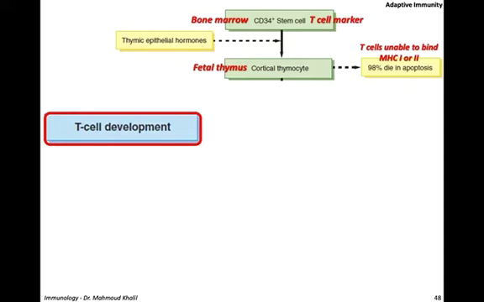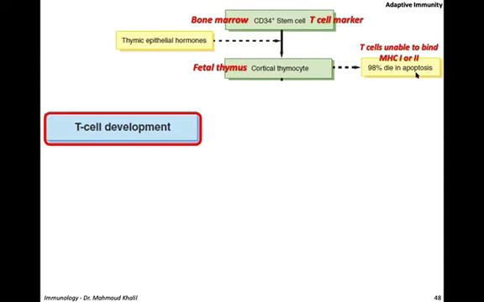Upon the action of some hormones like thymic epithelial hormones in the fetal thymus, for example, they found that 98% of the cortical thymocytes will die by apoptosis. Why? Because they found that these T cells are unable to bind to MHC class 1 or class 2.